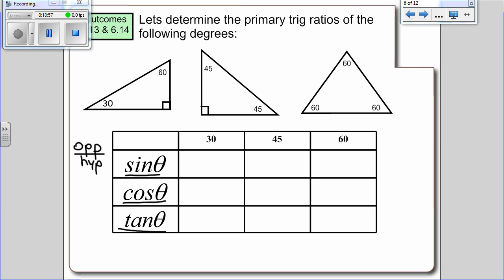And you want to know opposite divided by adjacent. So by looking at our special triangles, we remember all of these lengths. This is from the slide before, so if you forgot that, you could look back at the last slide and just fill this out with me.